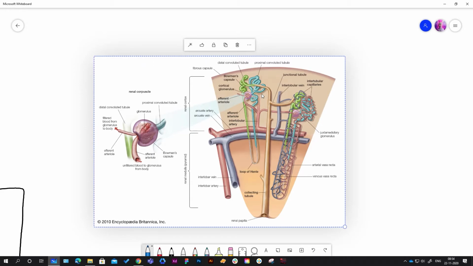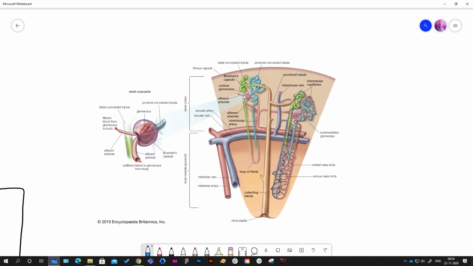Formation of the urine takes place here in the glomerulus. This is the place where the formation takes place. I'll write it here, glomerulus. These are the blood vessels. Afferent arteriole is there. Efferent arteriole is there. Look at the diameter here.